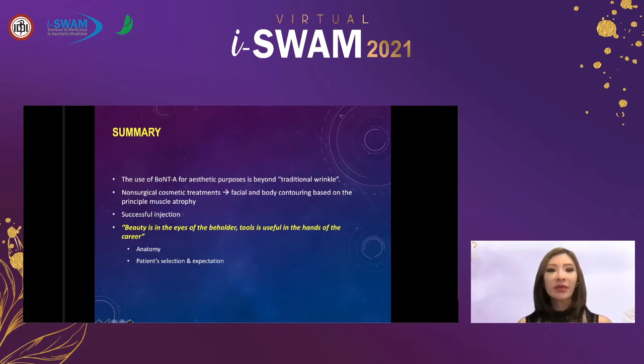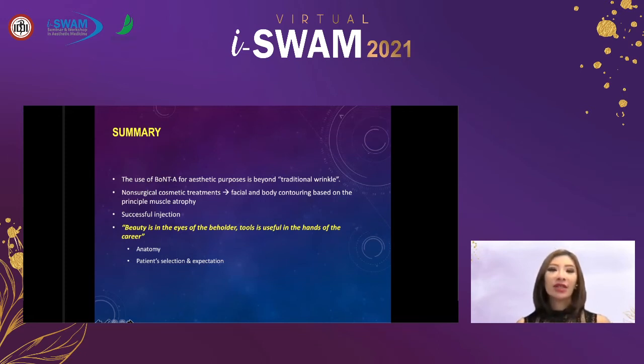As a summary, the use of botulinum toxin for aesthetic purposes has expanded beyond traditional wrinkles. And it is one of the most sought-after non-surgical cosmetic treatments for facial and body contouring based on the principle of muscle atrophy.